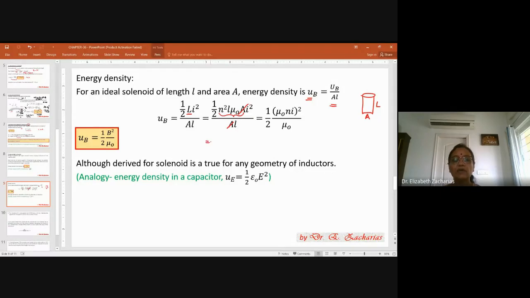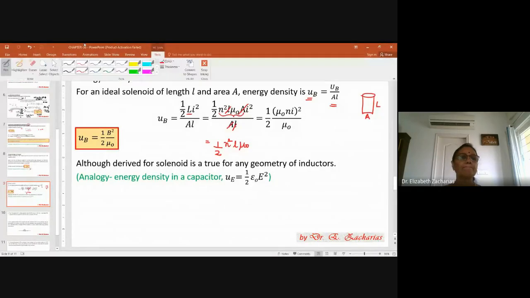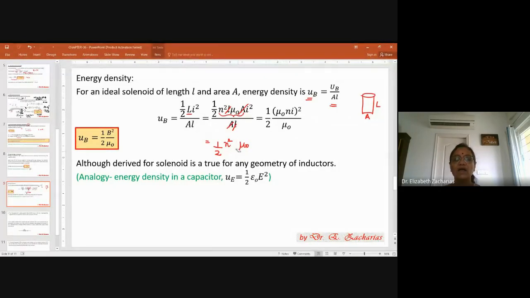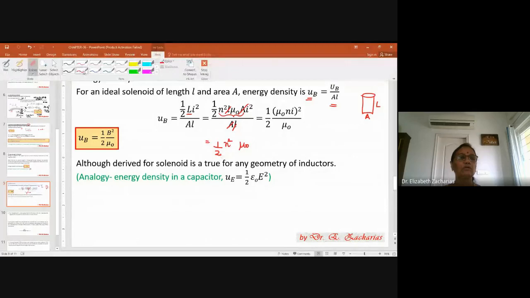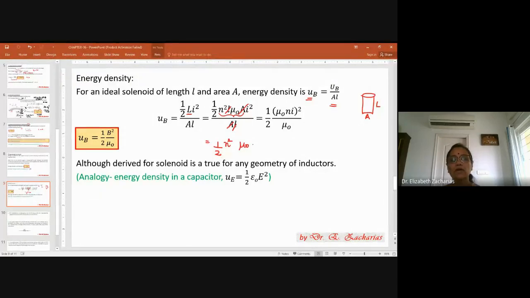So you will get half n square l. l and l also cancel out. Half n square mu naught i square. Okay, so this is what you're getting.